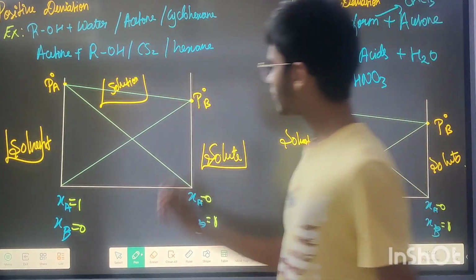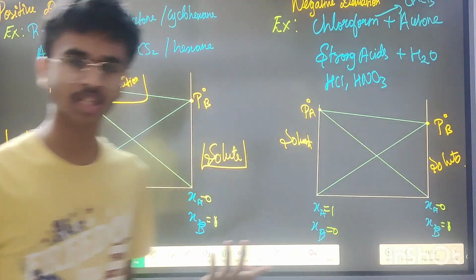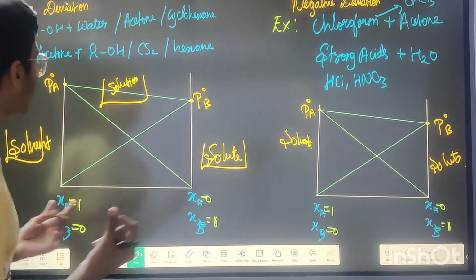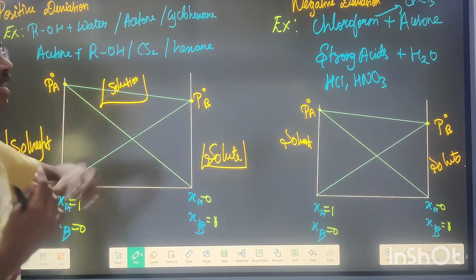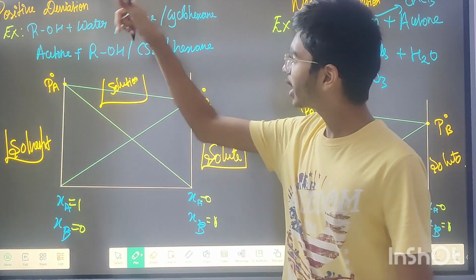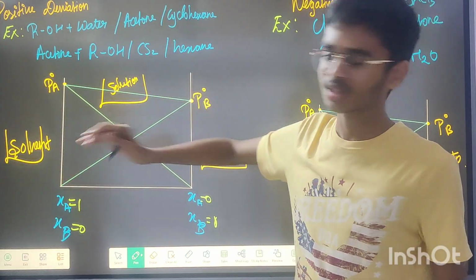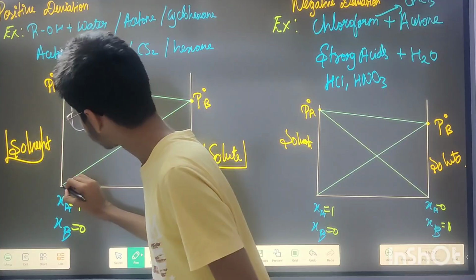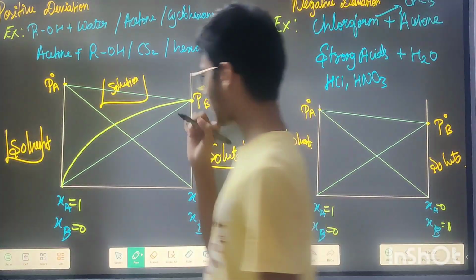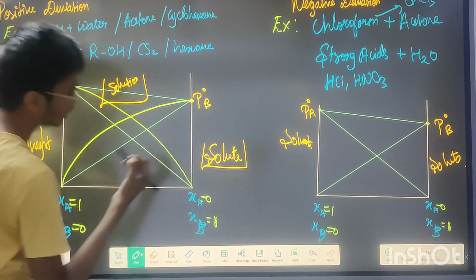As for the name positive deviation, why is there this positive deviation? The name positive deviation has arrived because of this graph, mainly because of this graph indeed. As per this name, this graph is going to take a positive deviation. So it is going to be like this, and here also it is going to be like this.